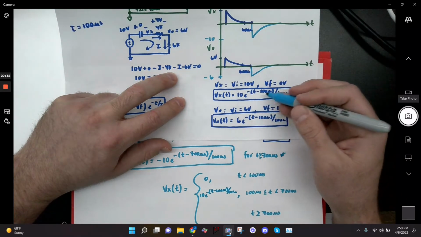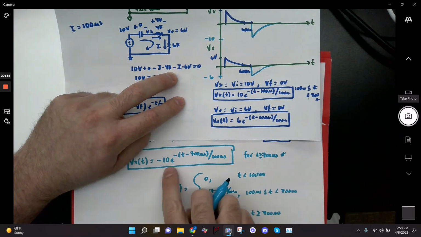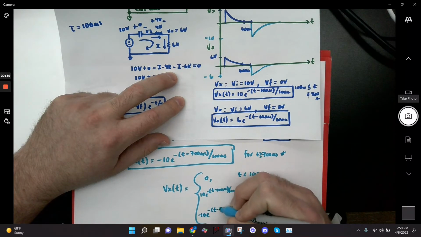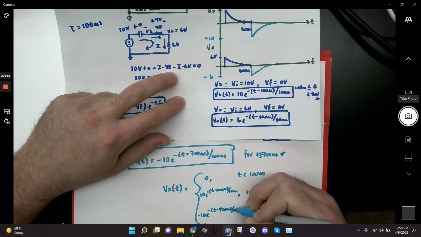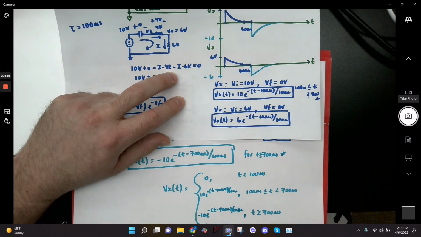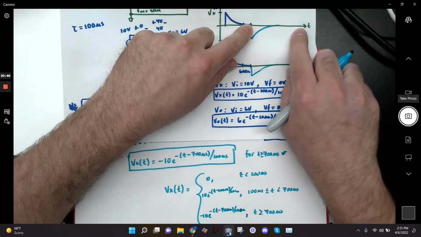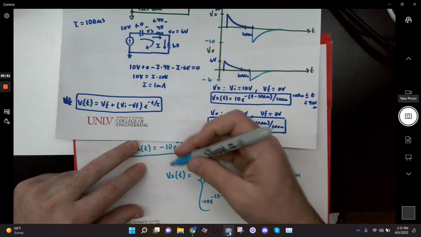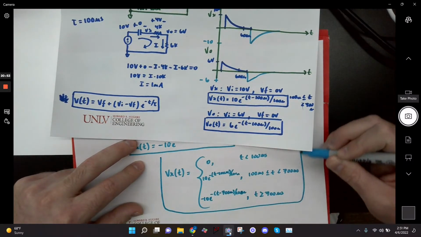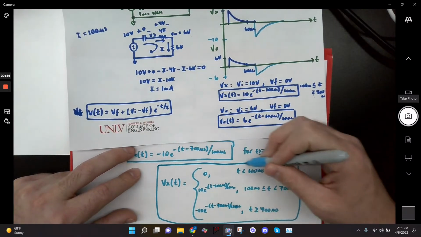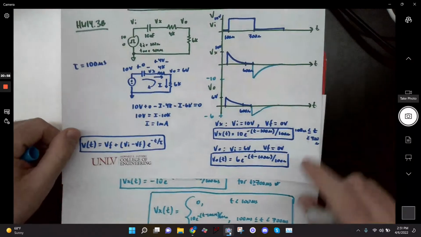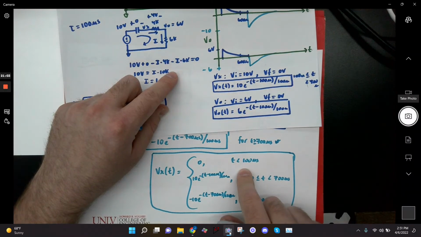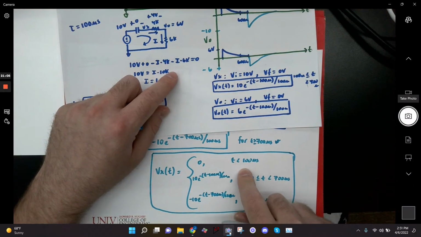And then the last equation that I just came up with, which is negative 10 e to the minus (t minus 700 micro) over 100 micro, holds true for all time greater than 700. Does everybody understand this? This is piecewise algebra equations. And so each of these plots could be created as a full-blown function by making a piecewise equation like this. Does this make sense? Yes. Does it not make sense to anybody?